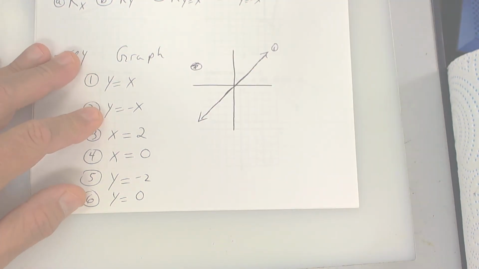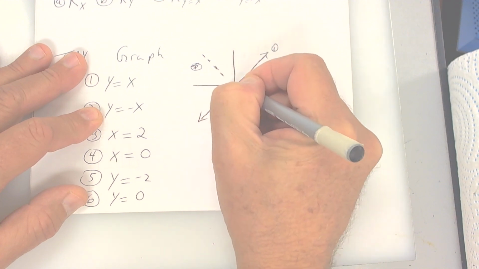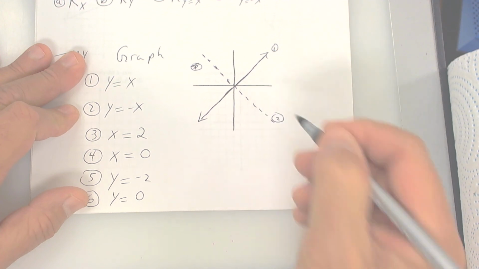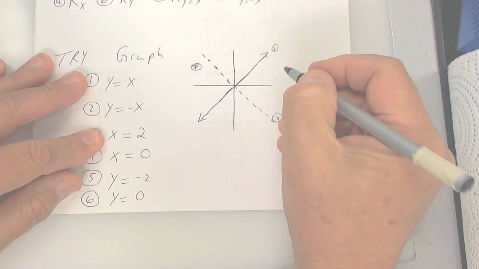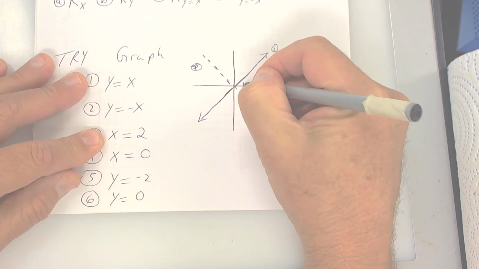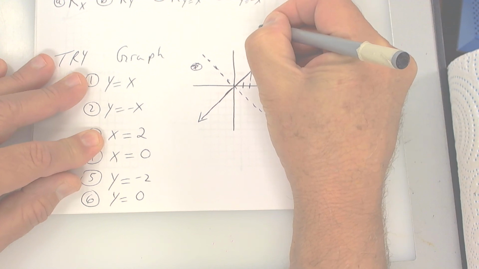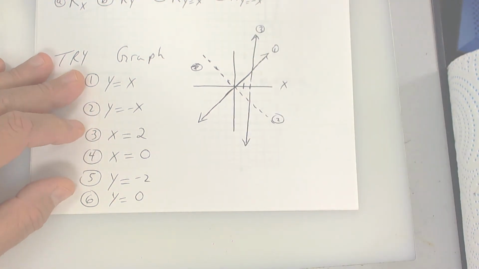Number 2, y equals -x is the -1, 45. It goes backwards. It flips. So that's number 2. Number 3, x equals 2. This is your x-axis. So you go 1, use your tick marks, 2. So x equals 2 is this line right here. And that's number 3. You need to know how to do this.